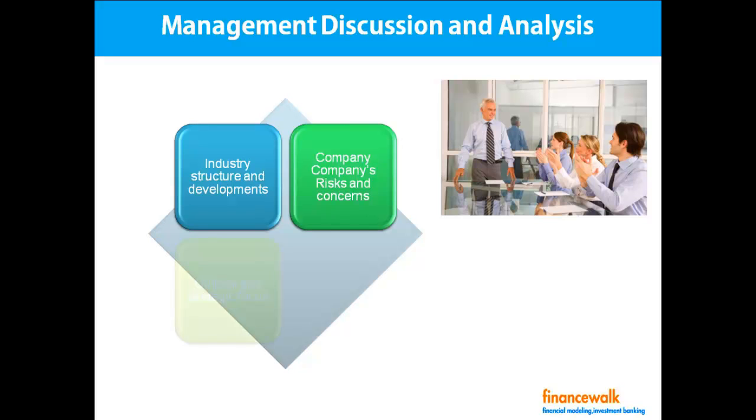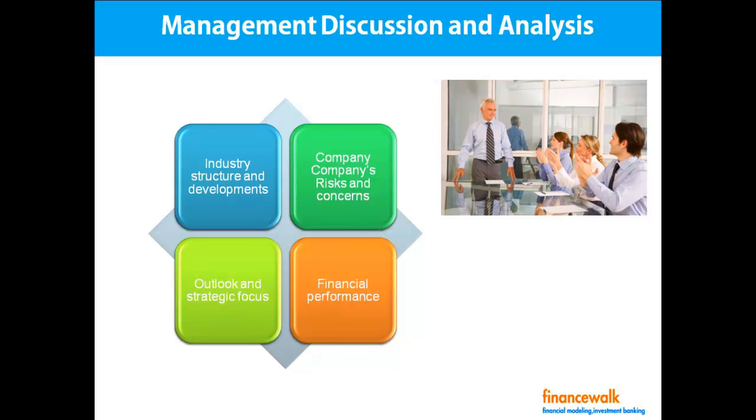Third point is outlook and strategic focus. Okay, so what you will understand from management discussion and analysis of that company is outlook and strategic focus. What's the outlook of a particular industry or company, and internal cost control systems? Okay, so these are the crucial points, or I would say strategic points, while analyzing any industry, and you will find these in management discussion and analysis.